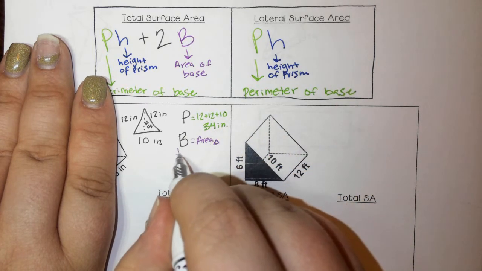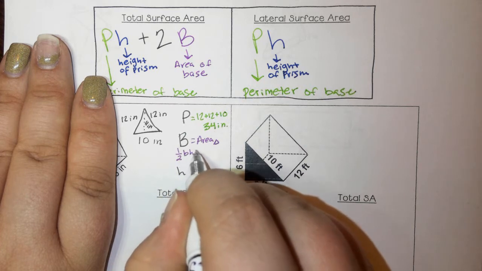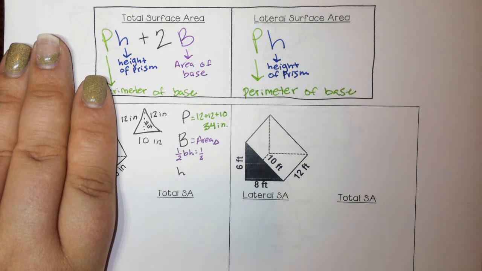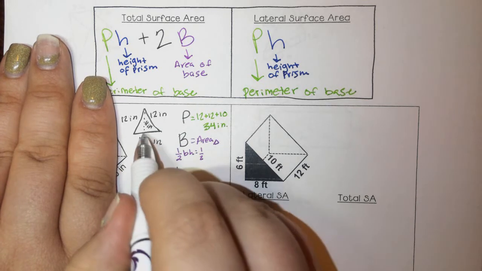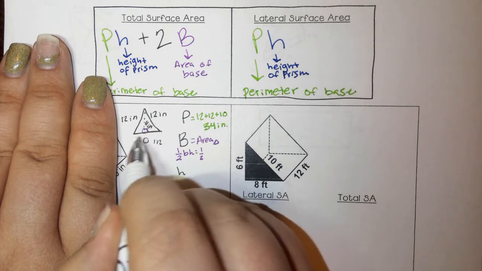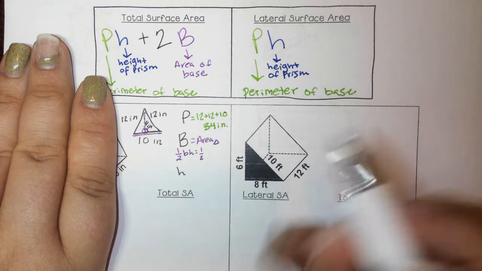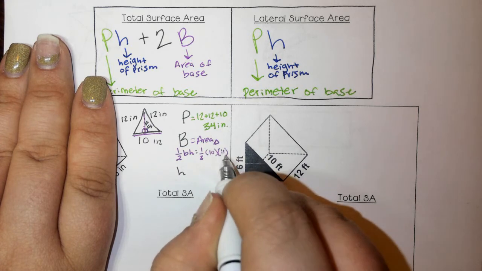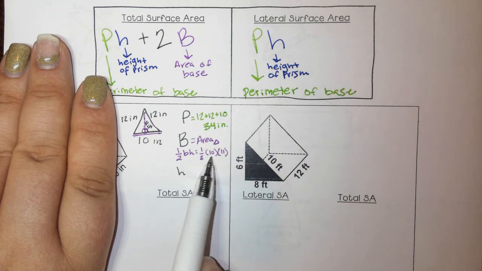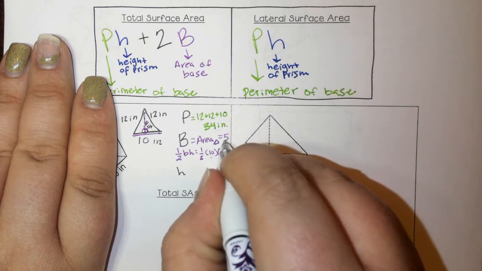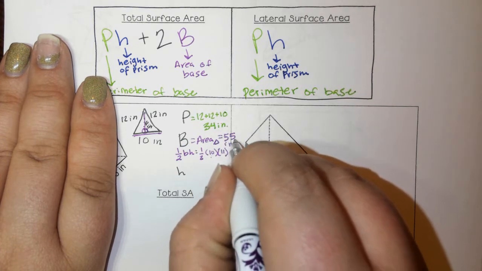That's using the formula 1/2 BH. So 1/2 B and H in a triangle must make a 90-degree angle. That's this portion right here. So 10 and 11. So 1/2 times 10 times 11. 1/2 of 10 is 5. 5 times 11 is 55. So the area of this triangle is 55 inches squared.